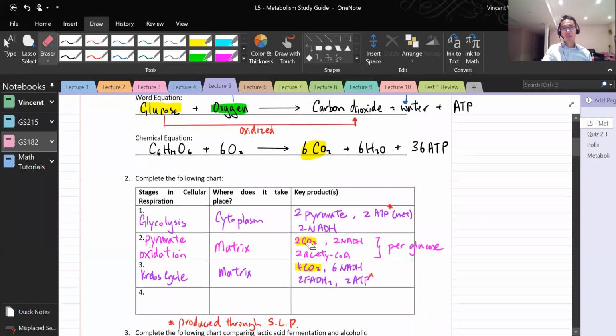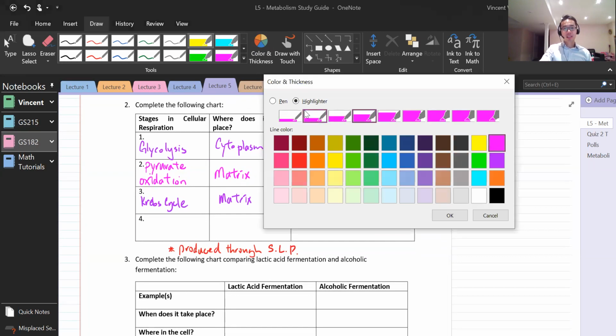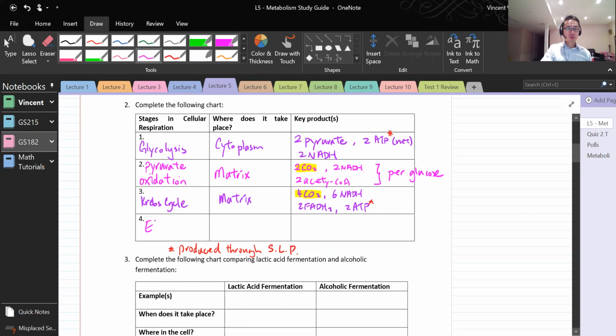These carbons that are in the carbon dioxide are the same carbon that was found originally in the glucose. And then step 4, which I'll explain in more detail in a second, is going to be the electron transport chain that happens in the cristae, the little foldings of the inner membrane.